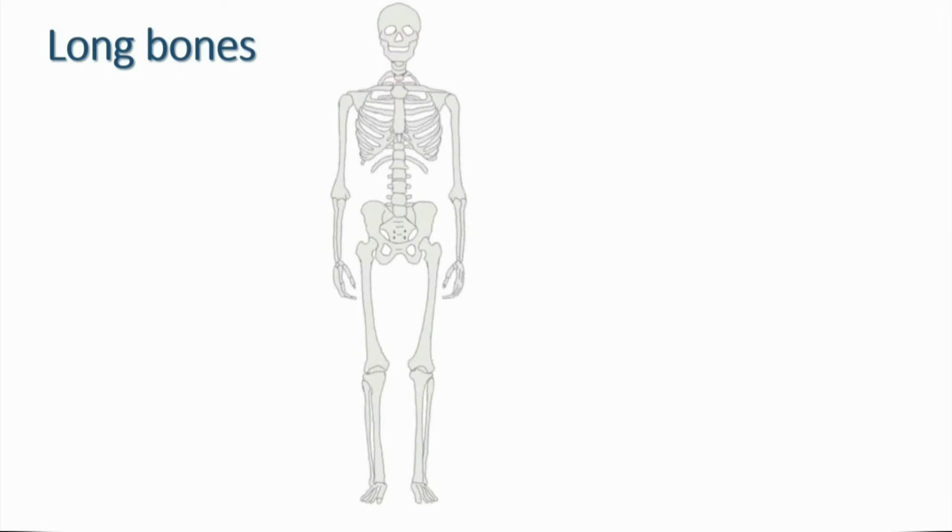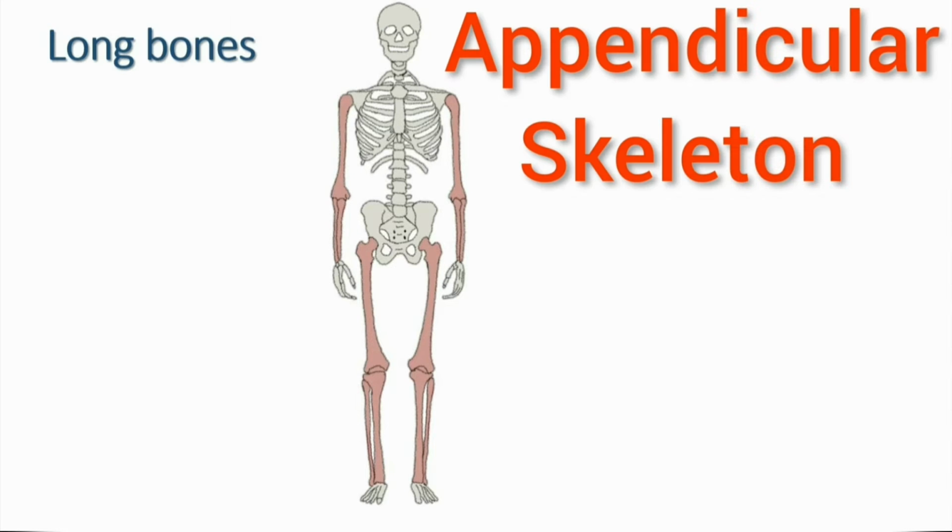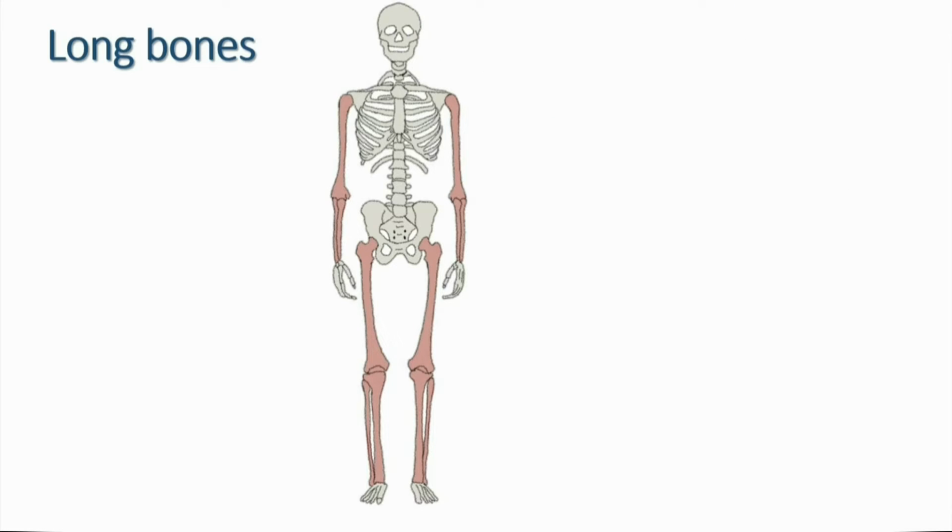Now let's talk about long bones. Long bones are the ones that make up your limbs. These bones make most of the appendicular skeleton. There's also another couple of bones which are classified as long bones but are a little bit different. They are the clavicles.